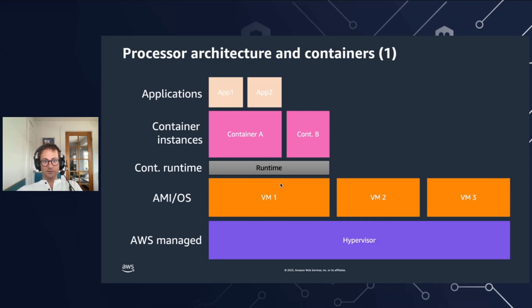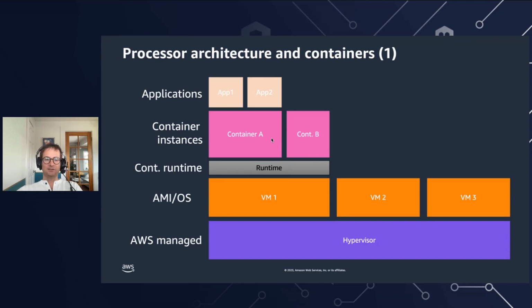With the operating system will come the runtime for your container environment. And that runtime is generally written in a low-level language like Golang, and is compiled and is architecture specific also. On top of that, you will have container instances that are executed from container images.